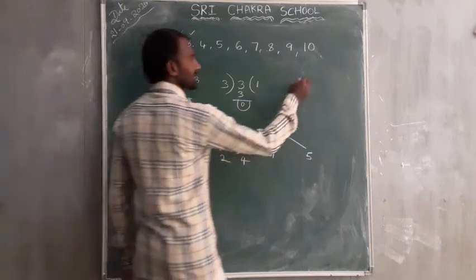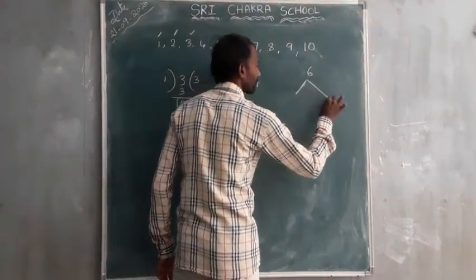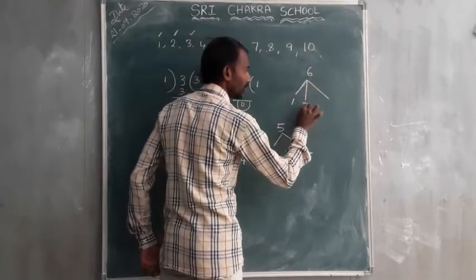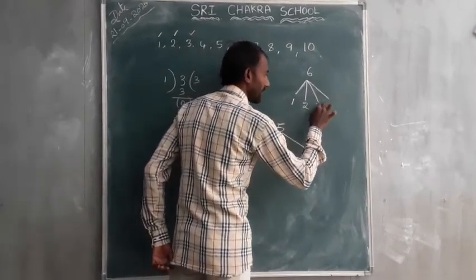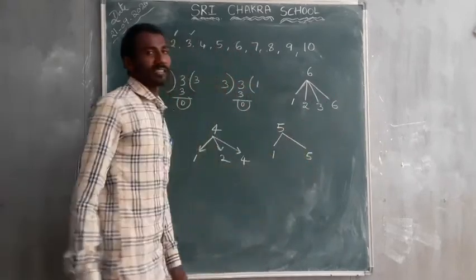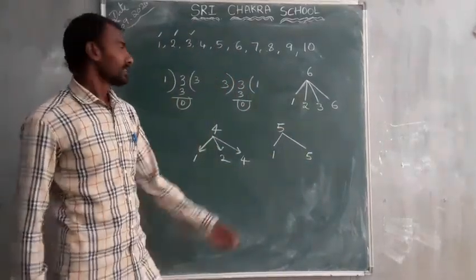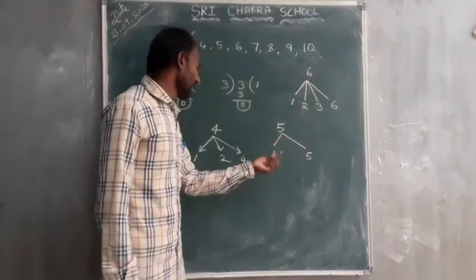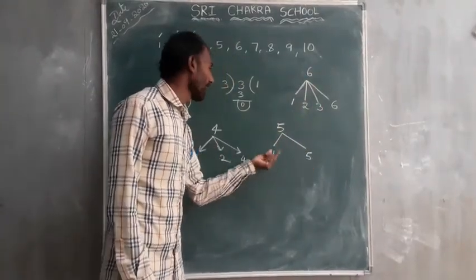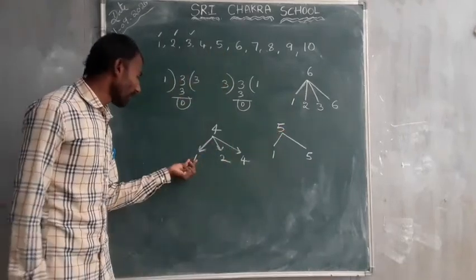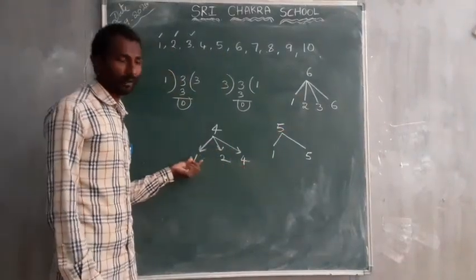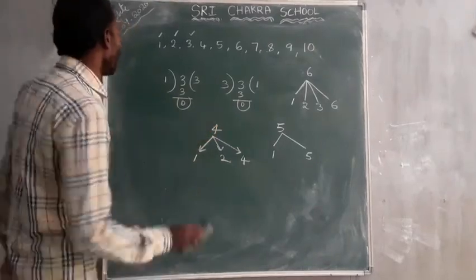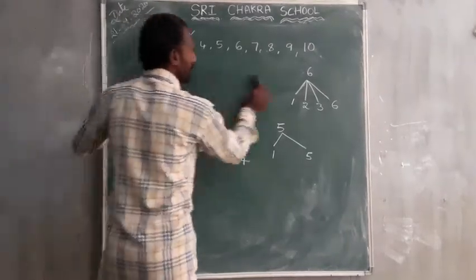Let us take 6. 6 is divided by 1, and then 2, and then 3, and then 6. Okay. So these all are called factors of 6. Similarly, 1 and 5 are factors of 5. Similarly, 1, 2 and 4 are factors of 4.